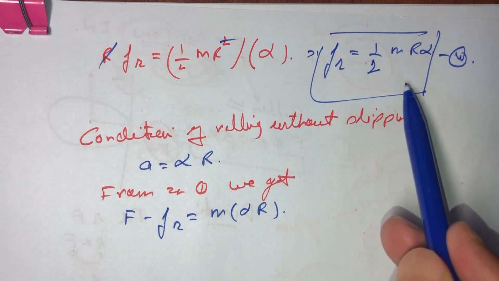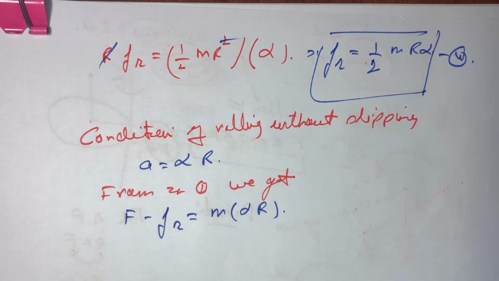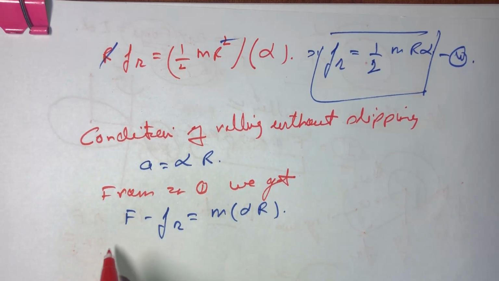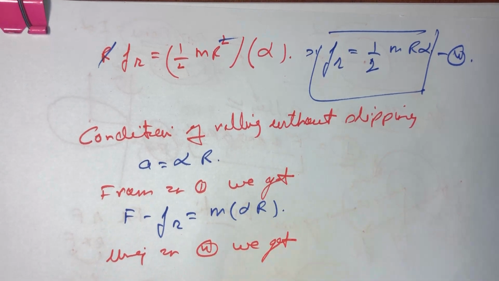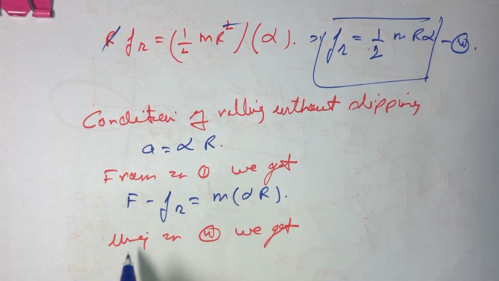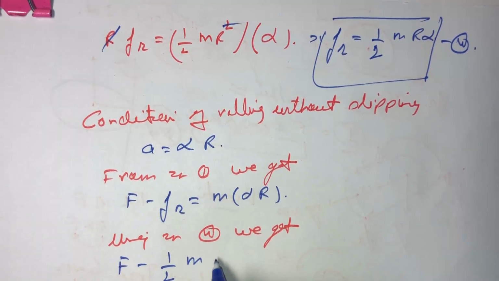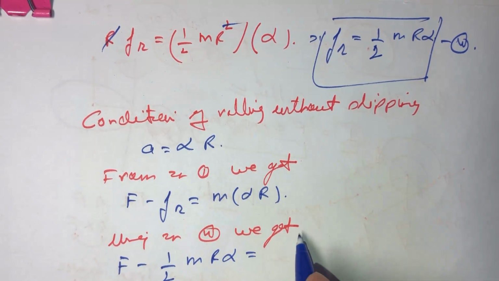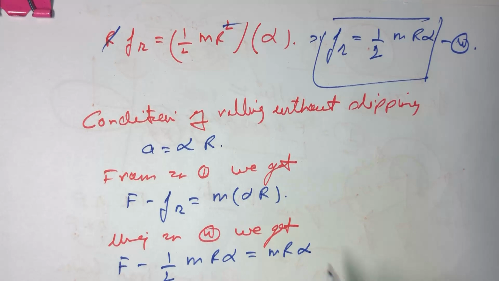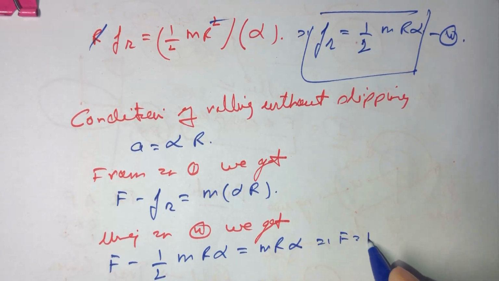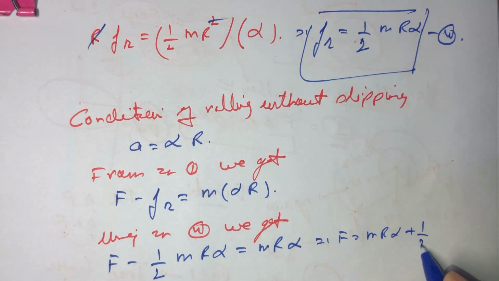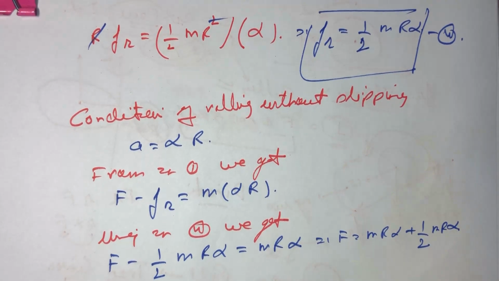and Fr we just calculated, so using equation 4, we get F minus 1 by 2 m r alpha is equal to m r alpha, or we can say that F is equal to m r alpha plus 1 by 2 m r alpha.